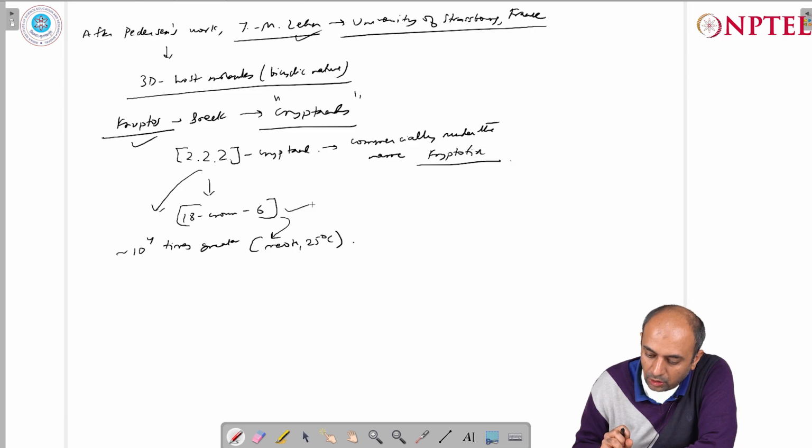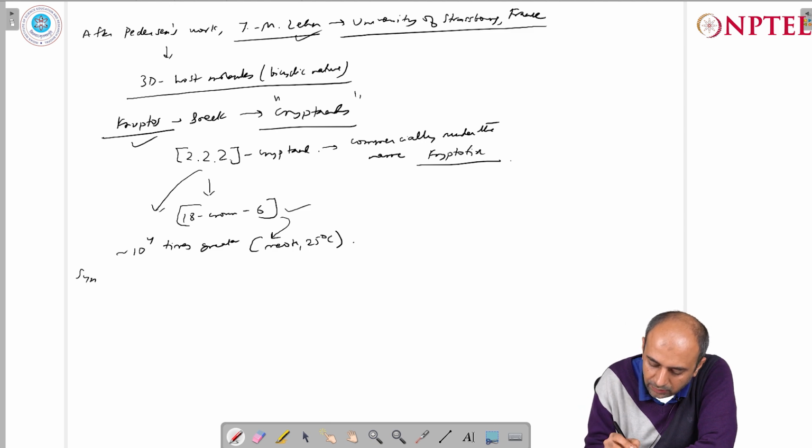So the first thing was, how was the synthesis of these cryptands achieved? So the synthesis of the cryptands, let us look at the synthesis, which is very important because you need to synthesize these.